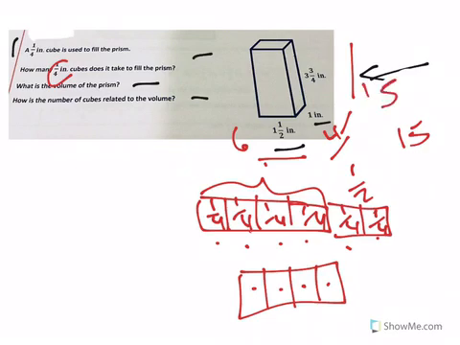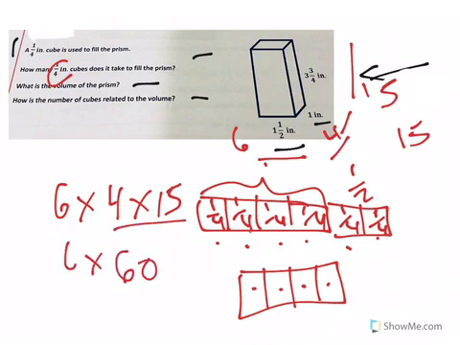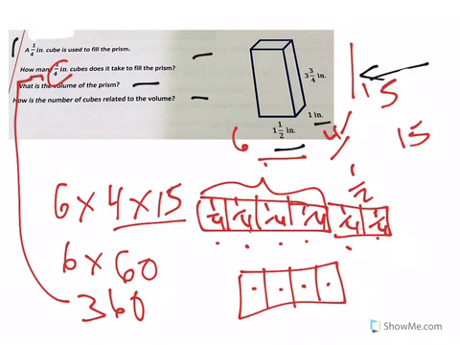So if we then take 6 times 4 times 15, I know that 4 times 15 would be 60, times 6 would be 360 1/4 inch cubes that would fit inside the prism.